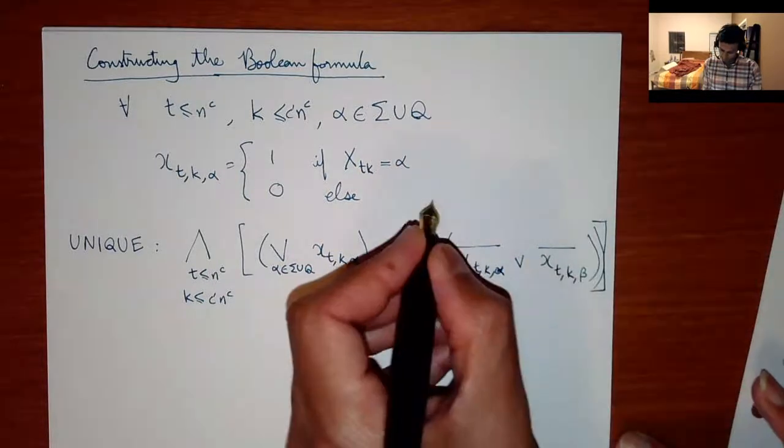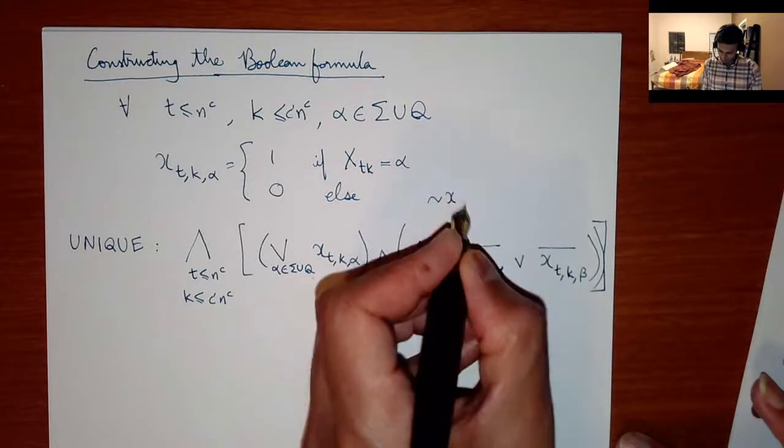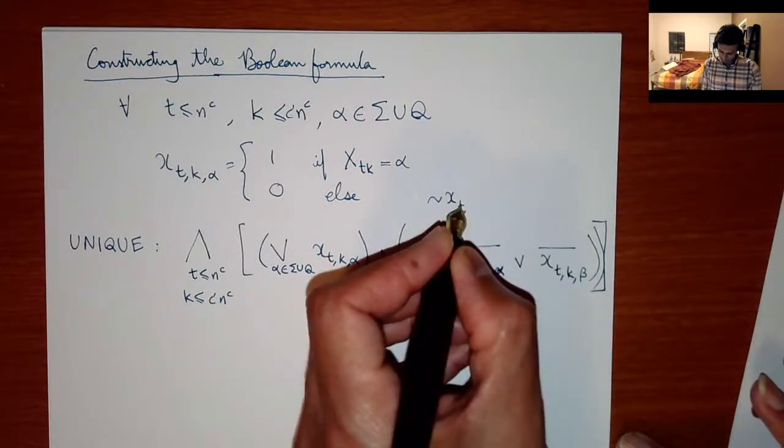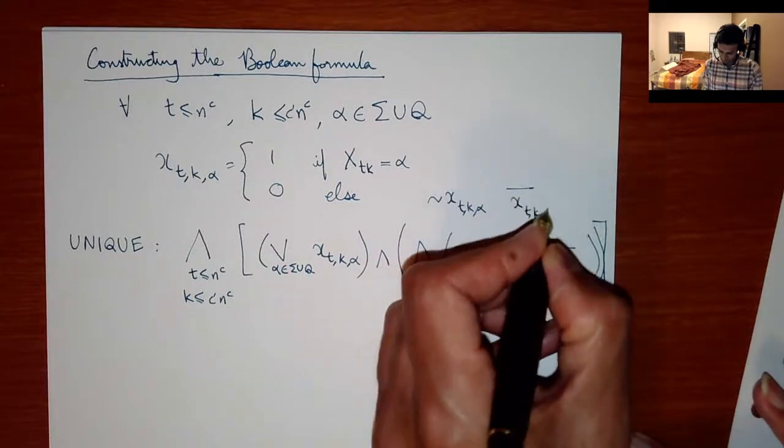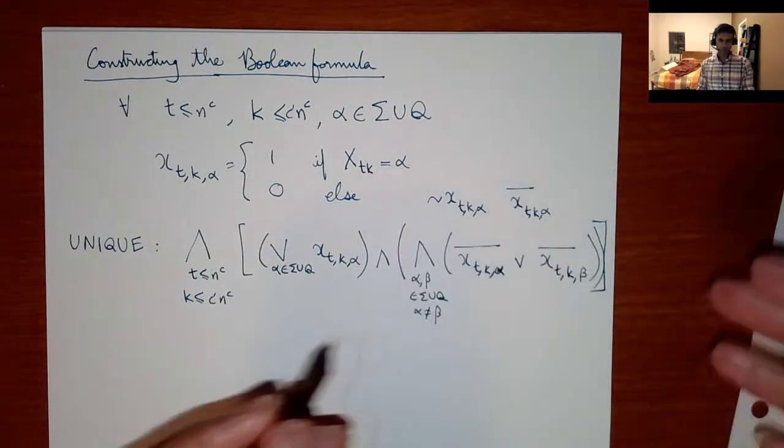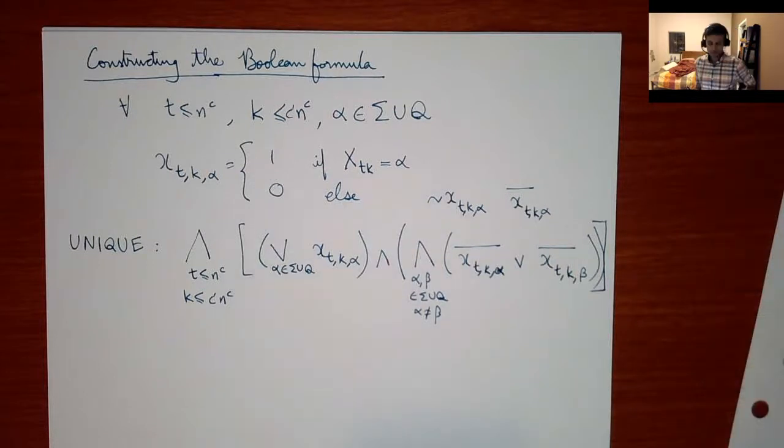I may have used this notation in the past, and it's the same thing as negating in this way, and I might negate one way or the other depending on how I want to scrunch up the formula.